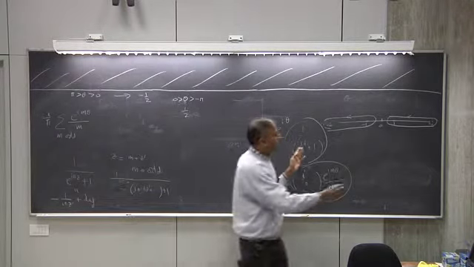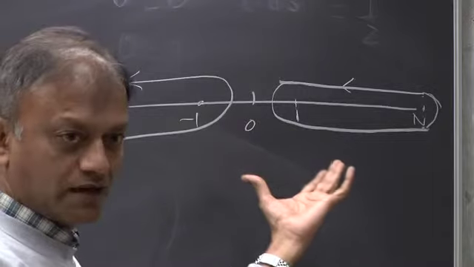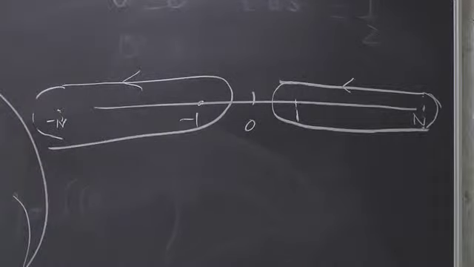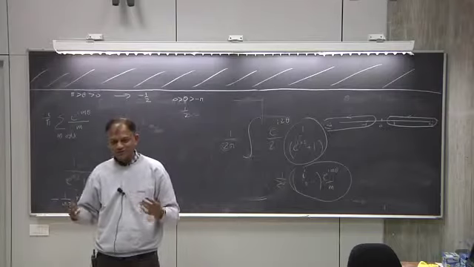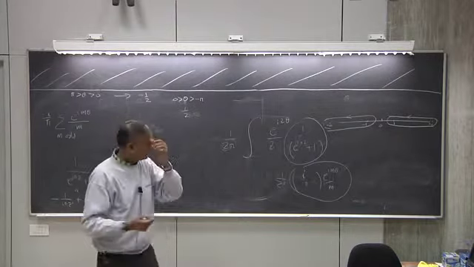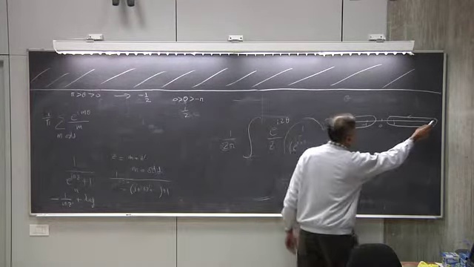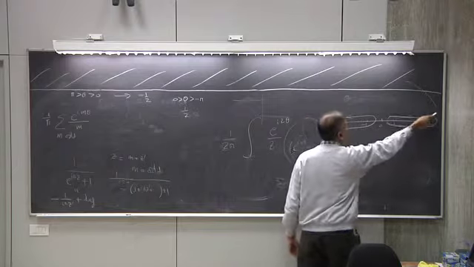Now, of course, this is fine. But the usefulness of this whole thing is that you should be able to deform the contour. To deform the contour, I can consider this like what we did, I think, last time.